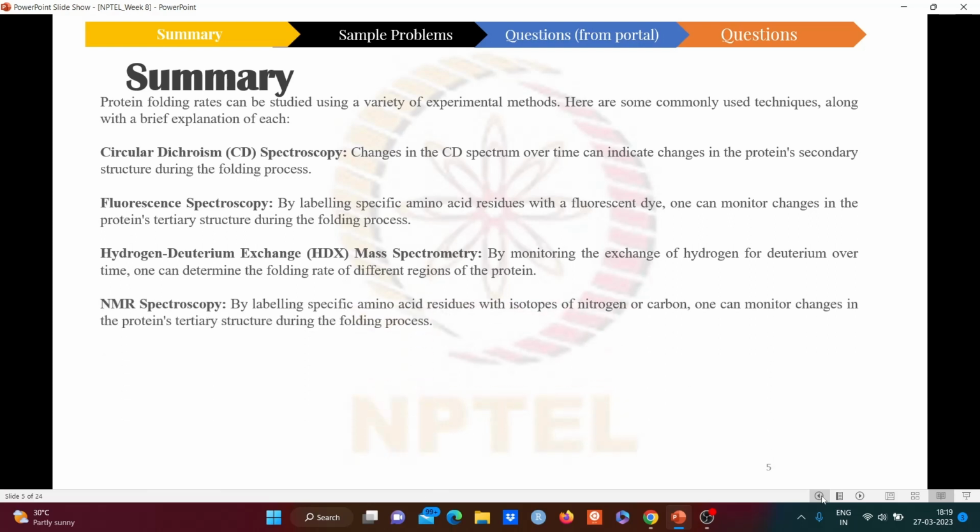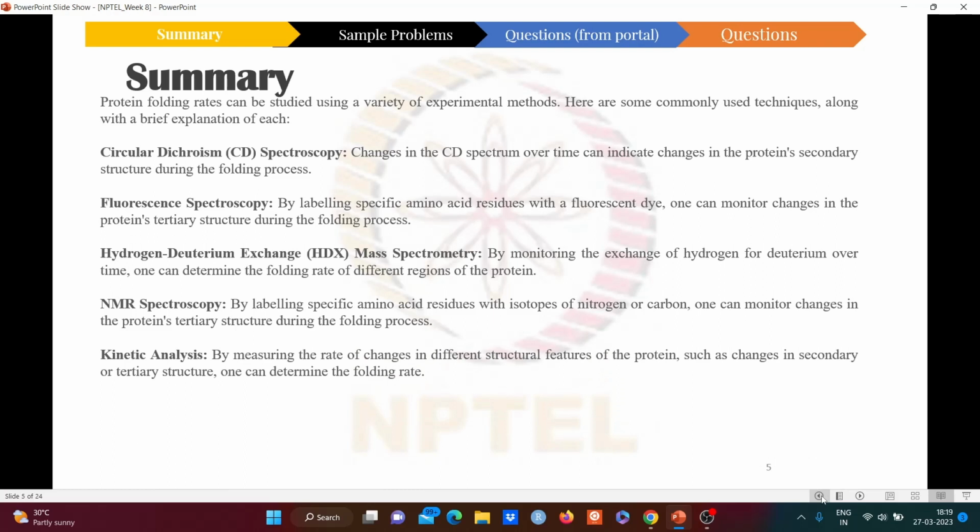Followed by this, we have NMR spectroscopy. NMR can be used to study protein folding kinetics by monitoring the changes in NMR spectra over time. By labeling specific amino acid residues with isotopes of nitrogen or carbon, one can monitor the changes in protein tertiary structure during the folding process.